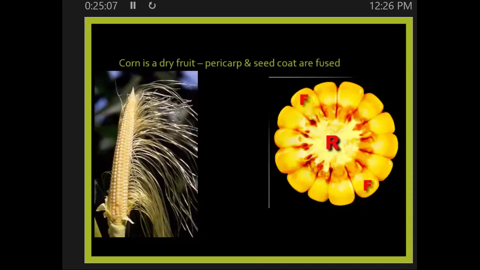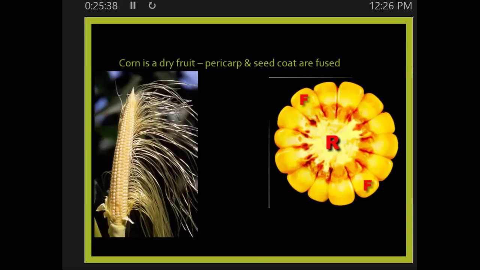So again, corn. Most people would say it's a vegetable, but it came from a flower, so by definition, think of it as a fruit. So the corn on the cob, pretty nice picture showing the silk. That's the stigma and style. And before the kernel shows up, if you were to open the flower for pollination, these are ovaries.